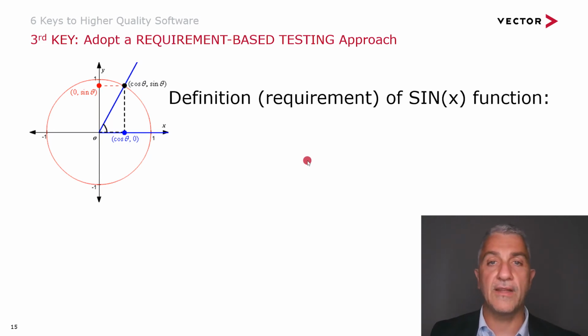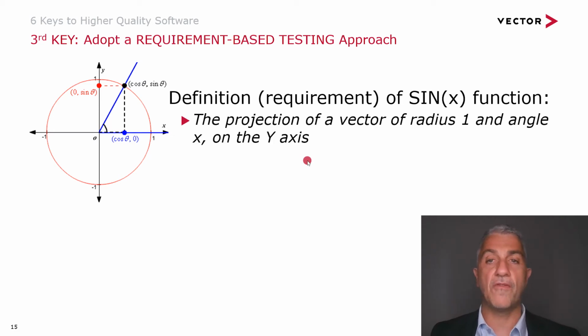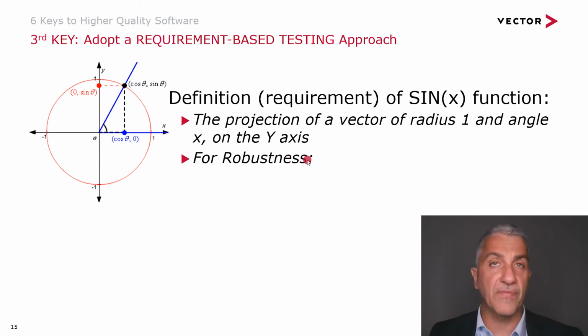This is the definition of a sin function: the projection of a vector of radius 1 and angle x on the y-axis. Then it's much easier to understand, because you could add some robustness definition of the requirement.